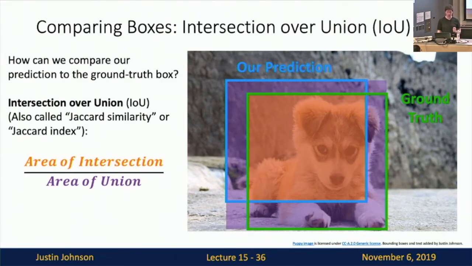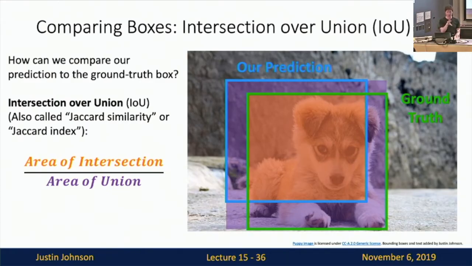So the way that we normally compare two bounding boxes is with a metric called intersection over union, usually abbreviated IOU. You'll sometimes also see this called the Jaccard similarity or Jaccard index in other situations, but for object detection, we usually call it IOU. It's a similarity measure between two boxes, and the way that we compute it is exactly what the name says.